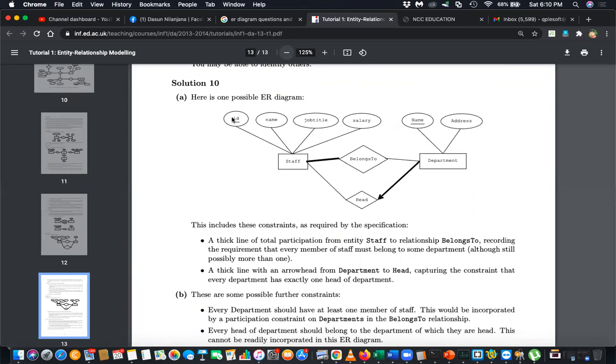Underlined attributes are the primary keys. An attribute can be a property of an entity, a relationship, or another attribute. This is basically showing a sample diagram. Now I think you are okay with the sample diagram.